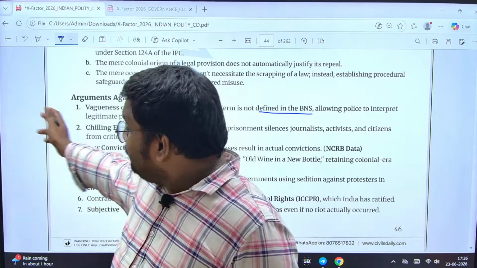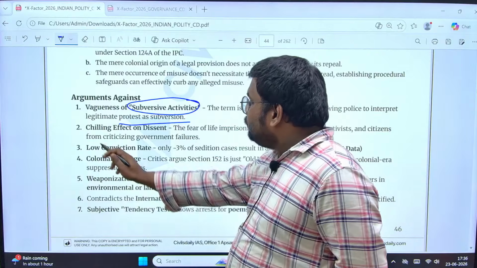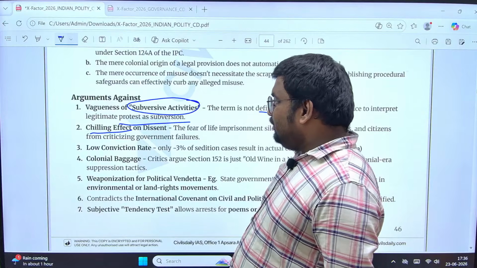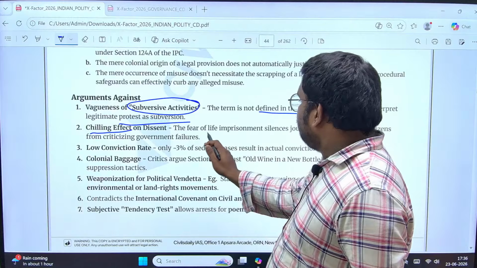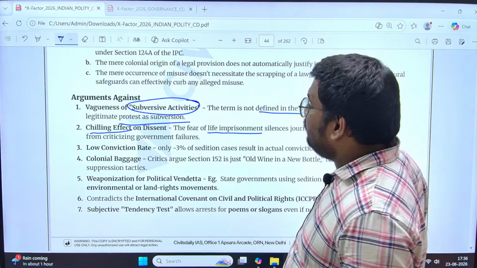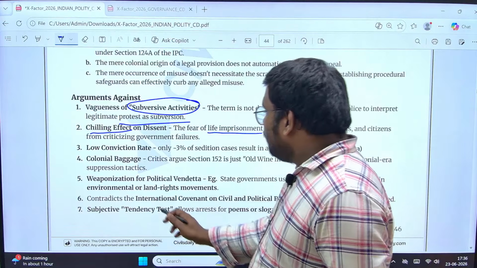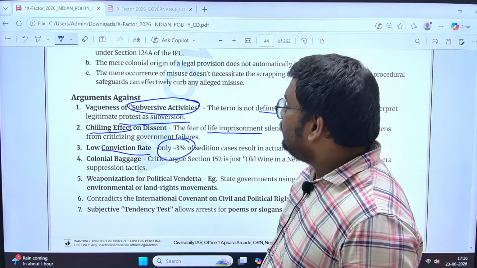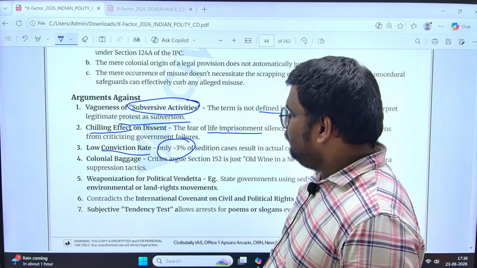Okay, so this is how much specificity. So chilling effect on freedom of speech or chilling effect of dissent, the fear of life imprisonment silences the journalist, activists, citizens. Conviction rate, again specific data we have given, only 3% of the conviction rate is there, right?